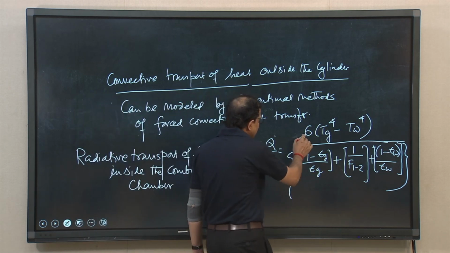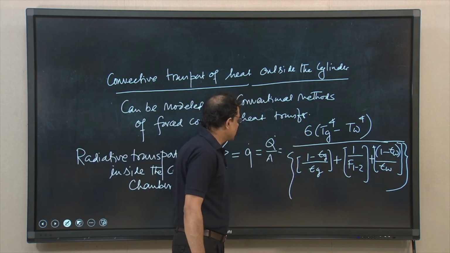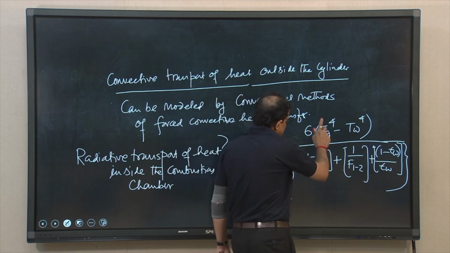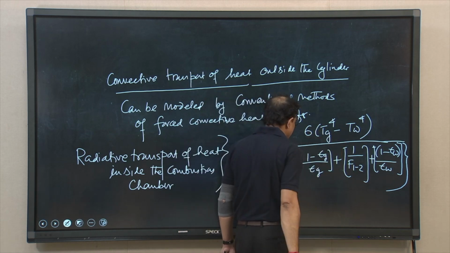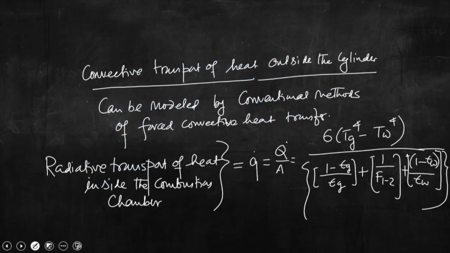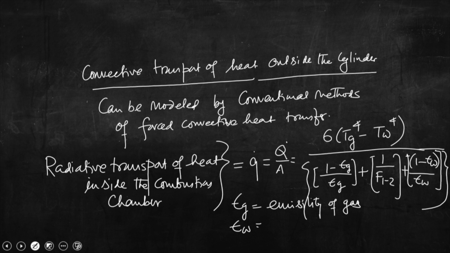You know that sigma is Stefan Boltzmann's constant, T g is gas temperature, T w is wall temperature. Here epsilon g is emissivity of gas, epsilon w is emissivity of wall.